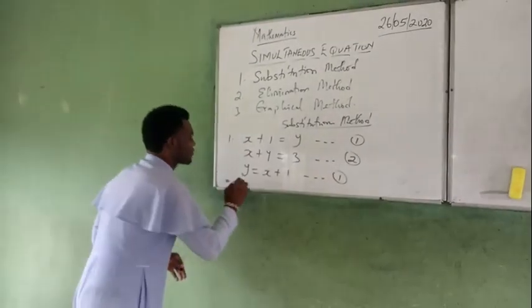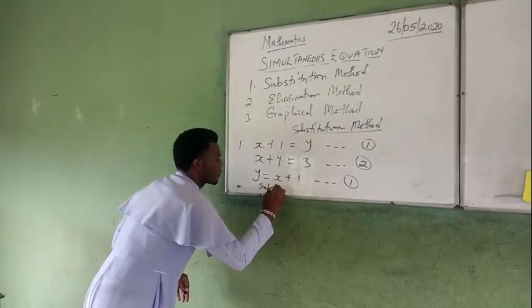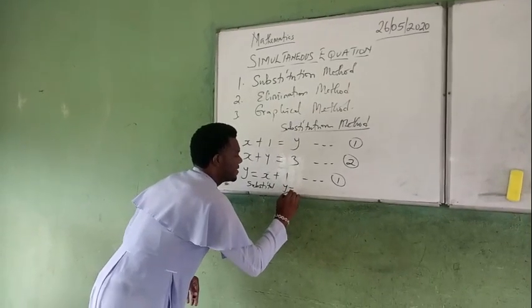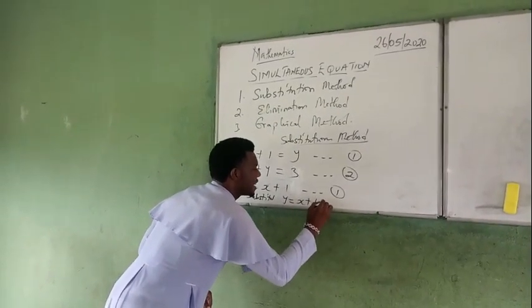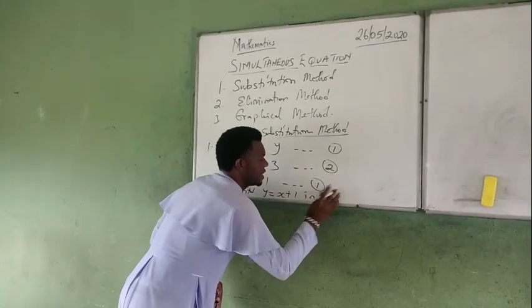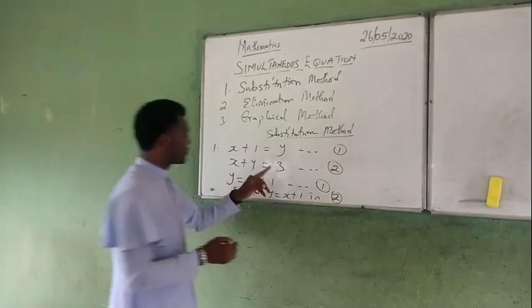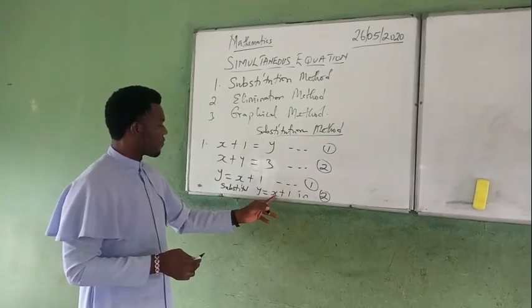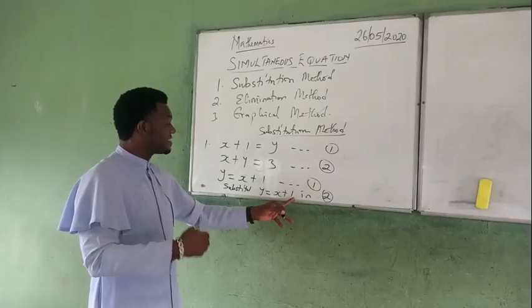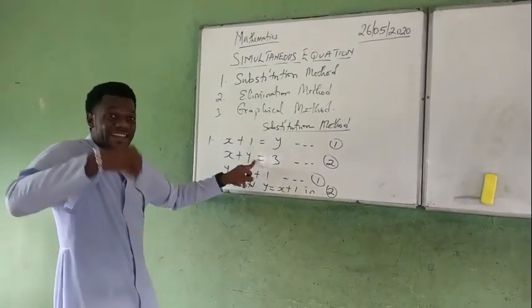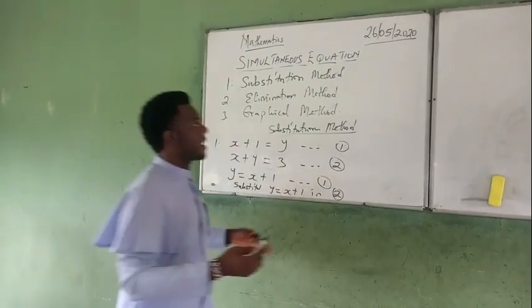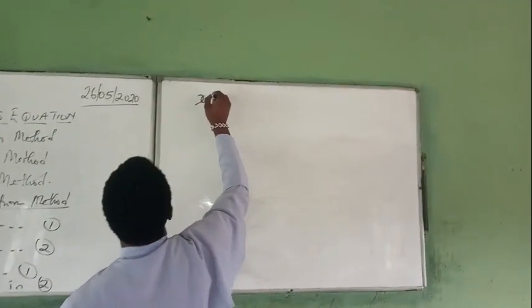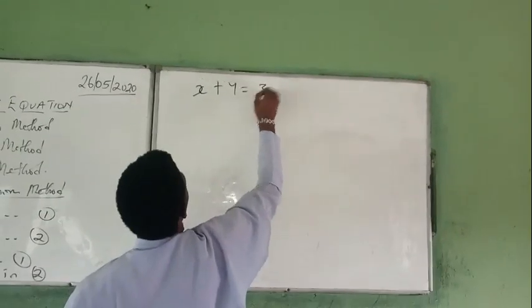So we substitute y is equal to x plus 1 from equation 1 in equation 2. Equation 2 is x plus y is equal to 3.